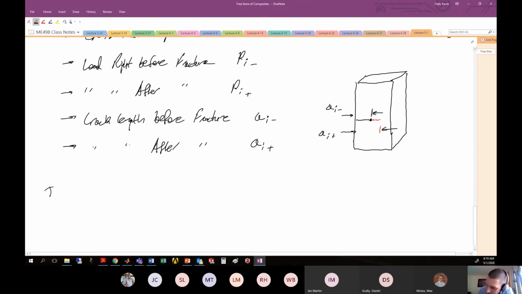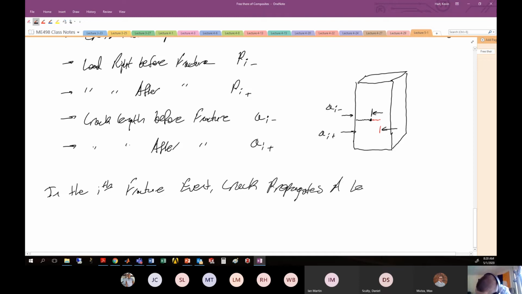In this case, the crack propagates a length of delta Ai, so that is the crack advance for the ith fracture, is equal to this Ai plus minus Ai minus. So whatever the crack length was after the fracture minus whatever the crack length was before the fracture, right?